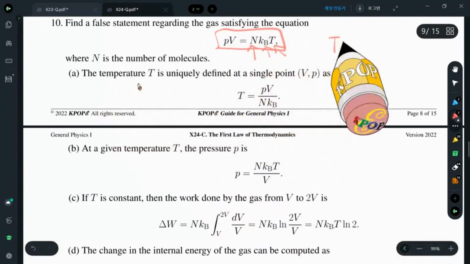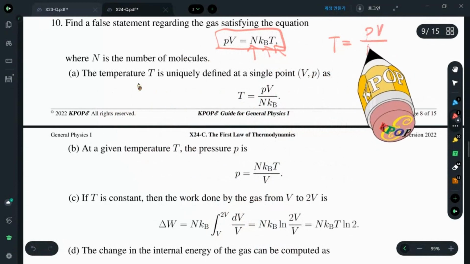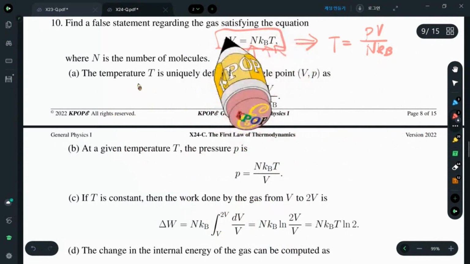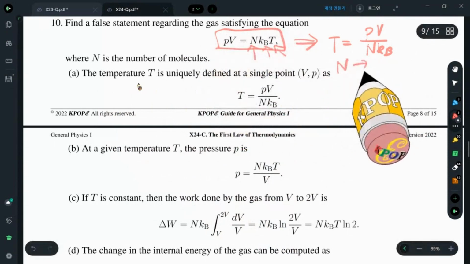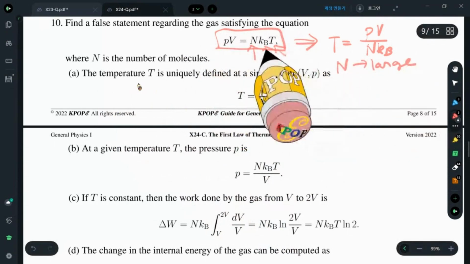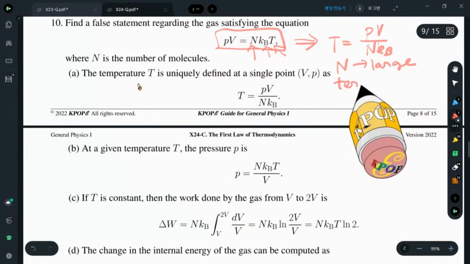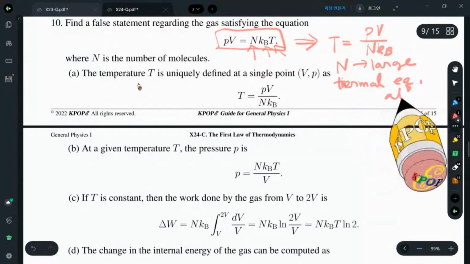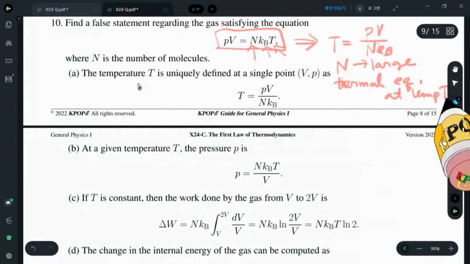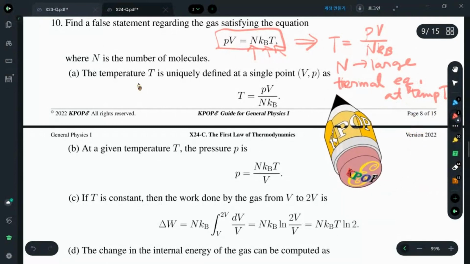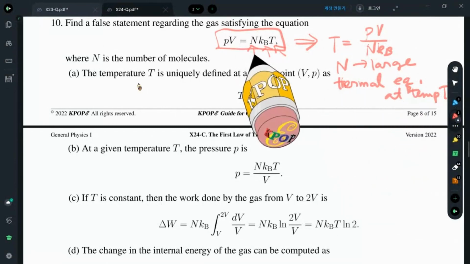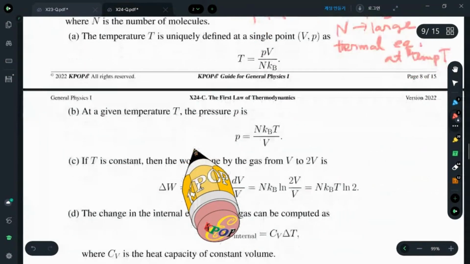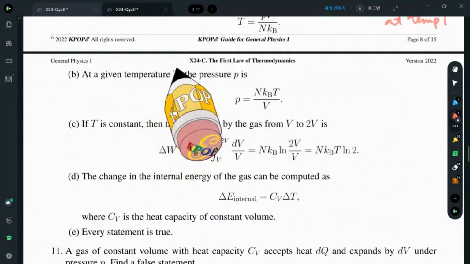PV over N kB T gives kB. This is true only if N is large and we have a thermal equilibrium at temperature T. If there is no thermal equilibrium, then we cannot make use of this ideal gas equation.